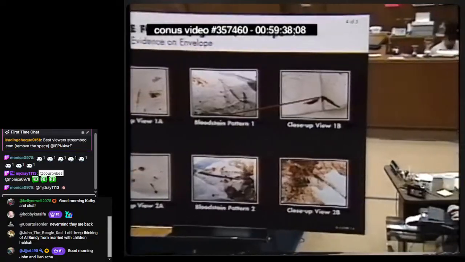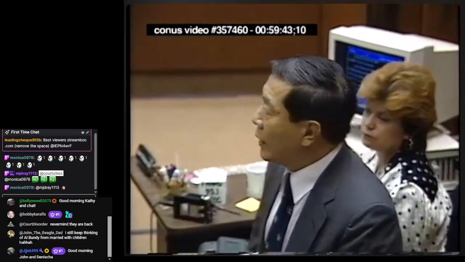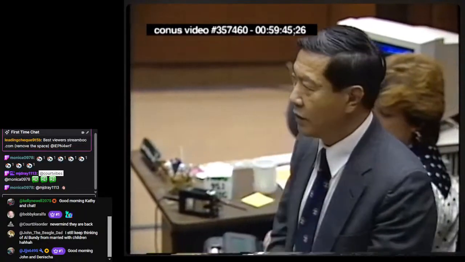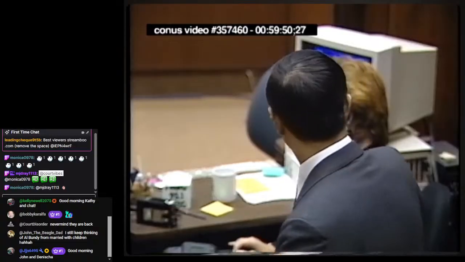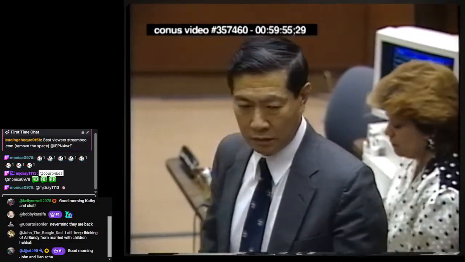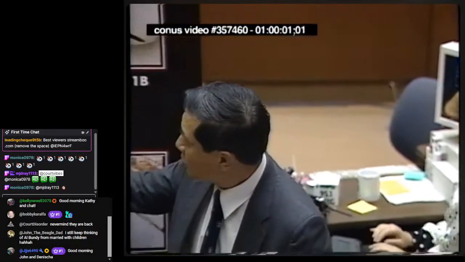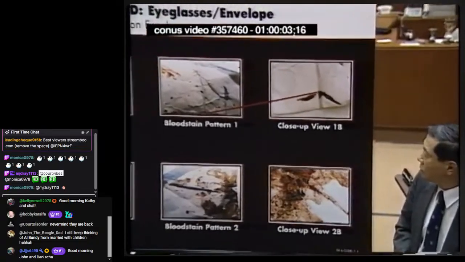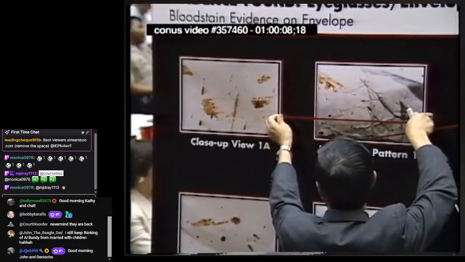Calls for speculation, no foundation, conjecture. Well, yes, consistent. Could you please now turn to the close-up view 1A and indicate where that is on bloodstain pattern number 1?